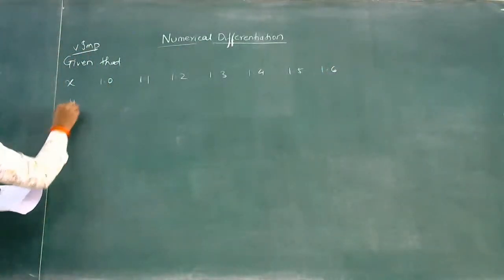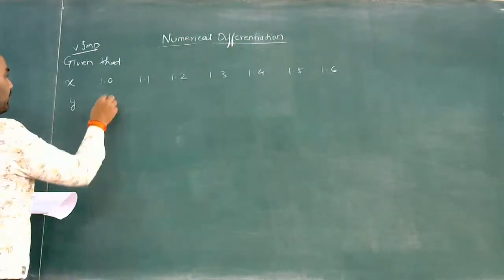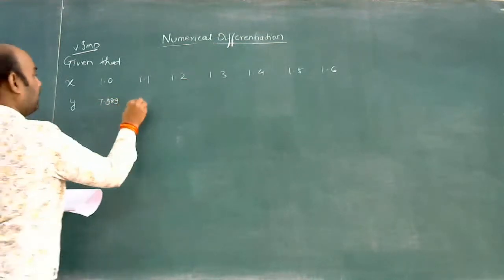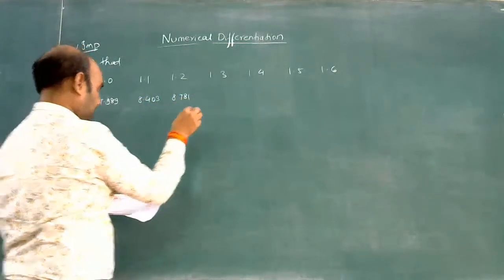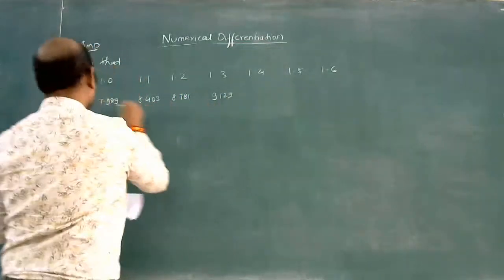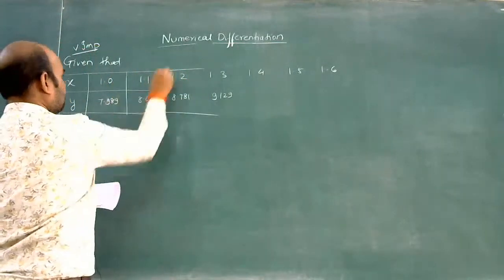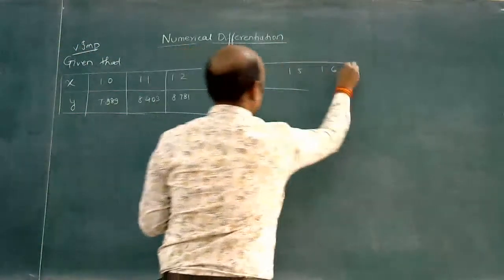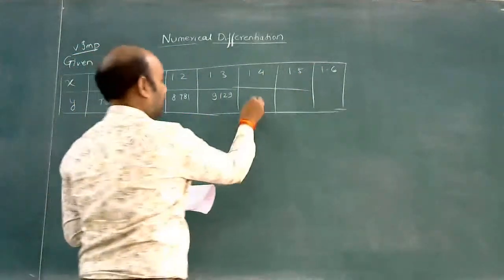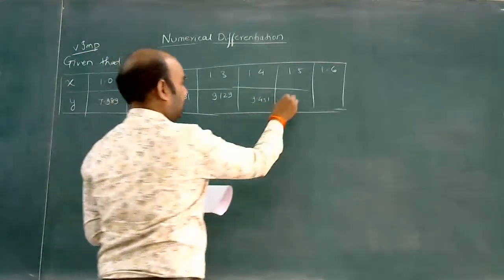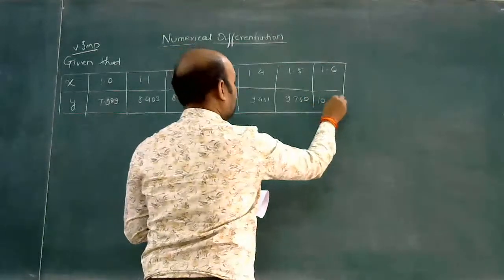And y is 7.8, 7.989, 8.403, 8.781, 9.129, 9.451, 9.750, and 10.03.